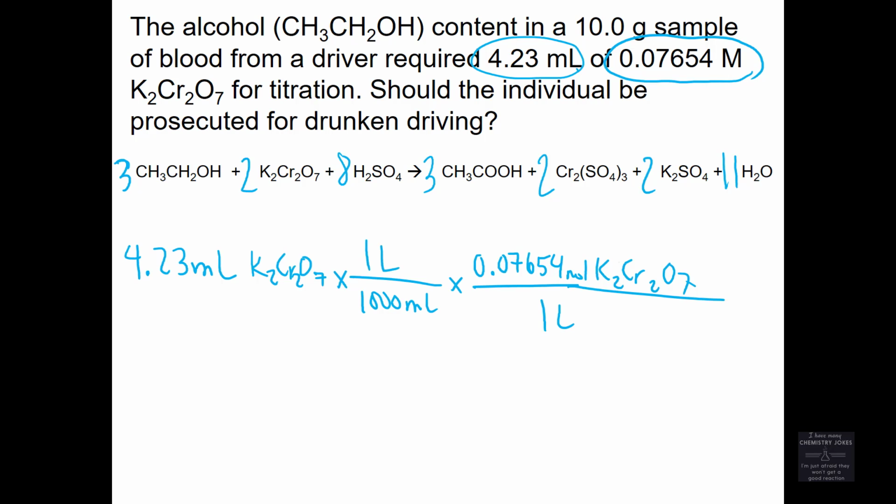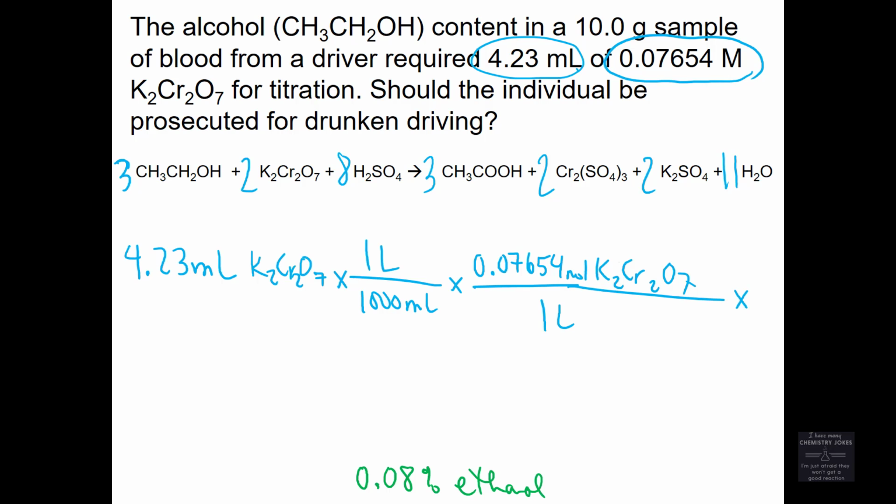But I don't want to know moles of dichromate. I want to know how moles of dichromate relates to moles of ethanol, because ethanol is what the legal limit talks about. The legal limit, we'll pause for a second, is 0.08% ethanol.